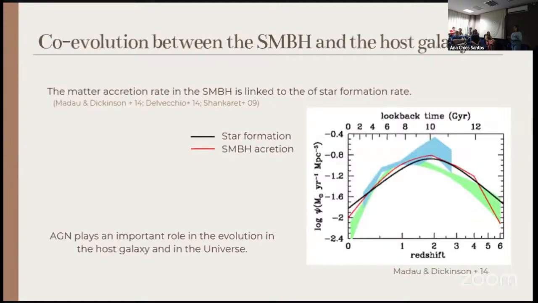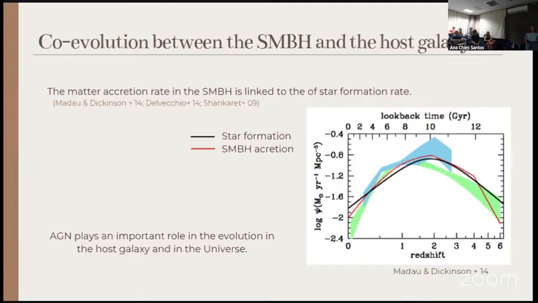It's important to study AGN because we have a co-evolution between the supermassive black hole and the host galaxy. The matter accretion rate of the supermassive black hole is linked to the star formation rate.